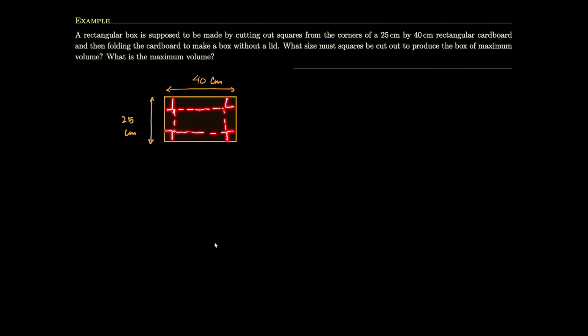I hope that you agree, it becomes a box without a lid. Is that understandable? Yes or no? Okay. Now the question is how much I should cut so that when I have my box, it has the maximum possible volume available.